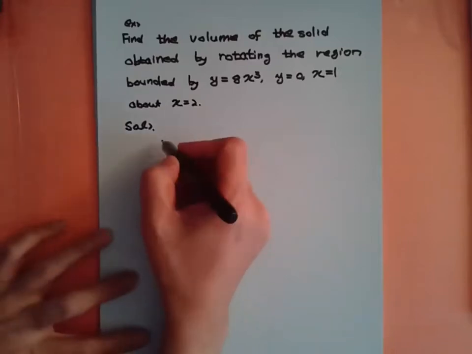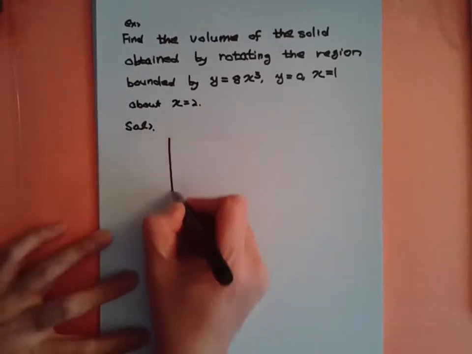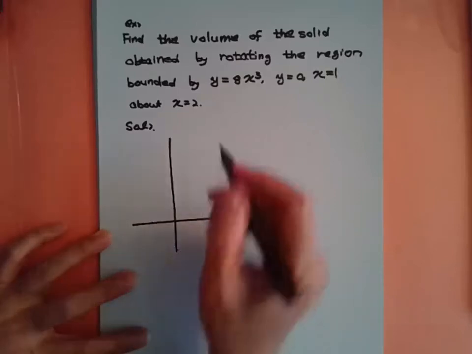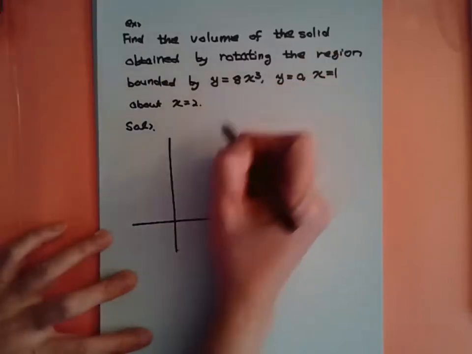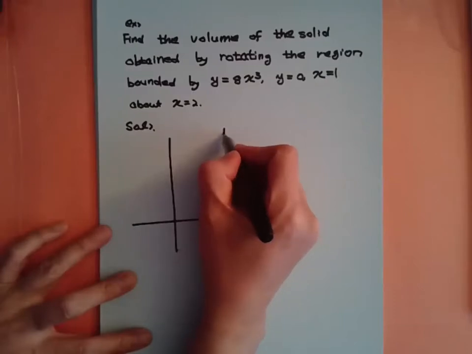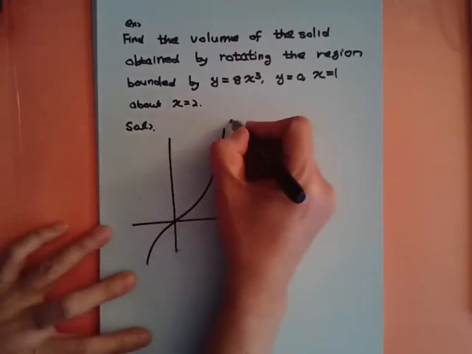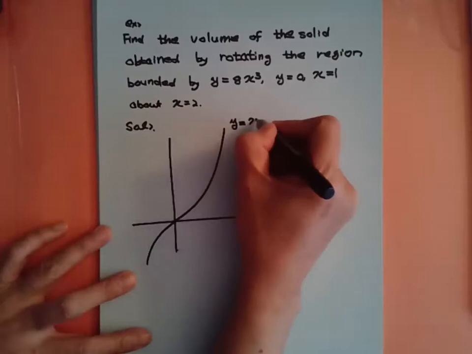Let's draw a graph. y equals x cubed, so the graph should look like this. This is y equals 8x cubed.